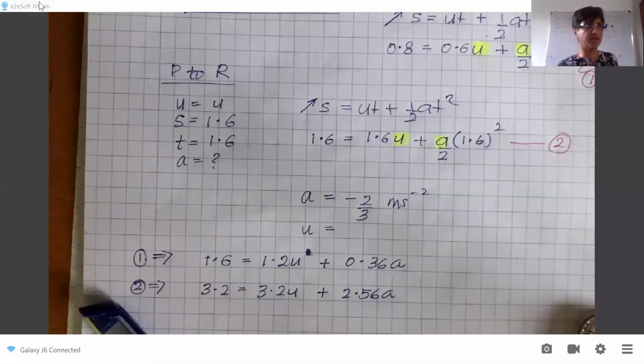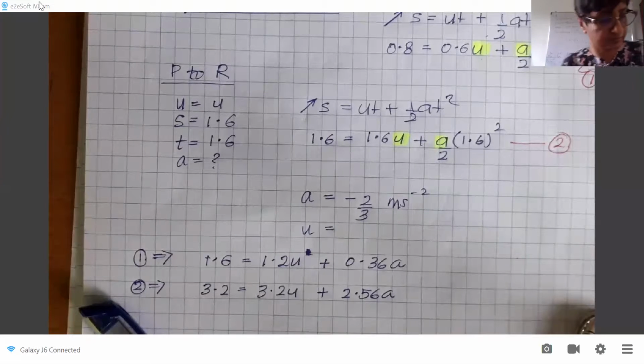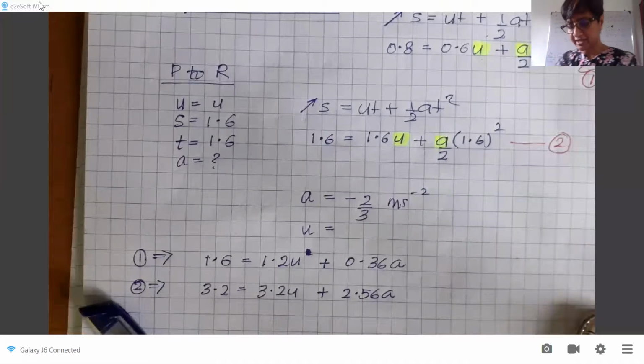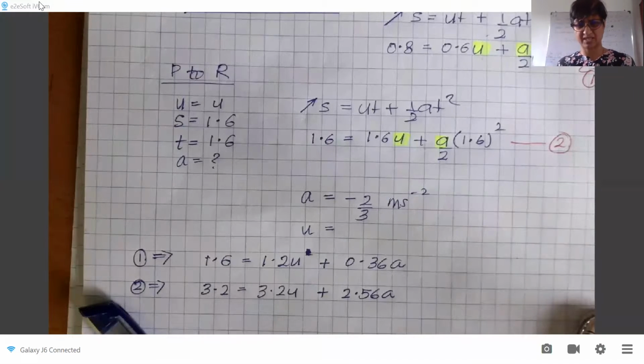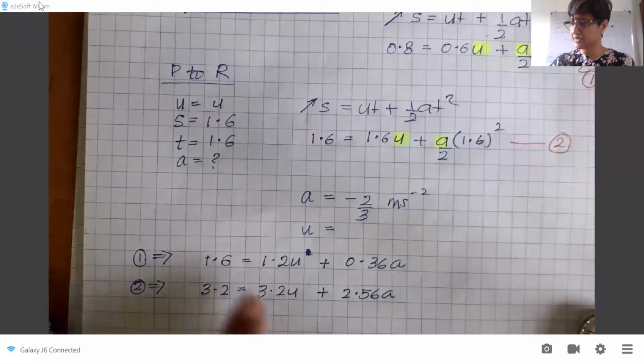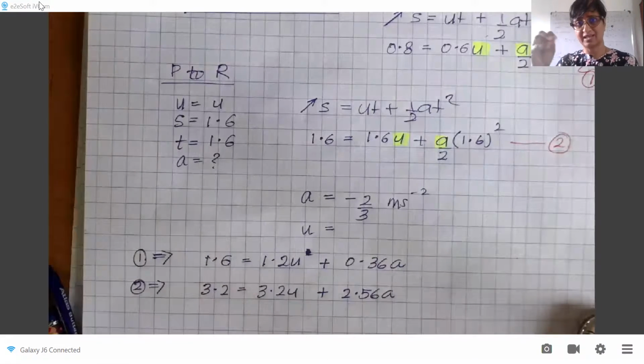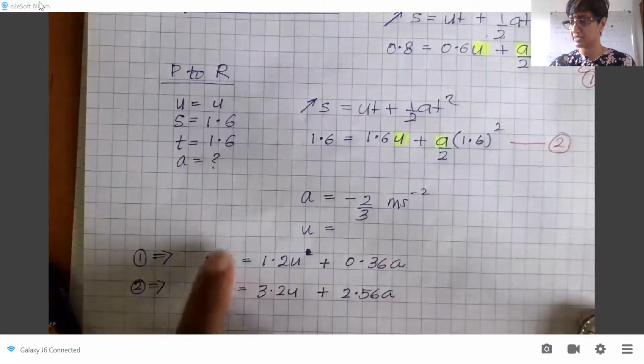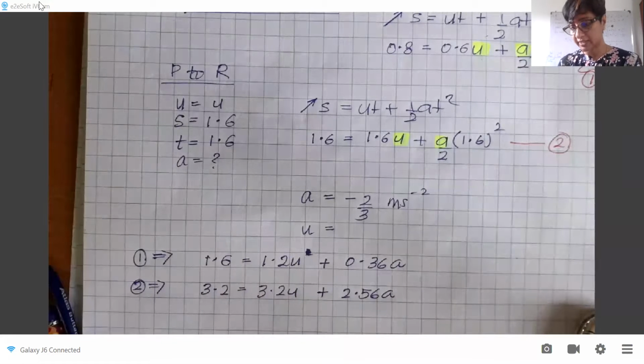So in mechanics, you don't have to waste time solving quadratic equations or simultaneous equations. If you get them into this form, the ax plus by equals c form, you have everything in the right form, then you can use a calculator.